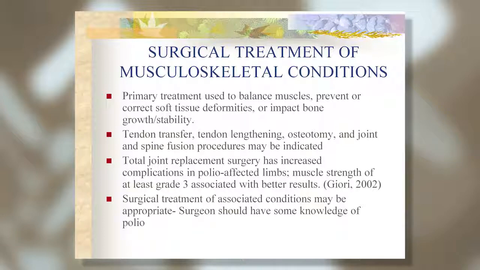Surgical treatment is often for musculoskeletal conditions that can't be treated with therapy. So we first try to impact musculoskeletal conditions with physical therapy or bracing, but if that is not enough, sometimes use of tendon transfers, tendon lengthening for contractures, actual osteotomies or straightening a bone, and fusing joints or the spine may be helpful.